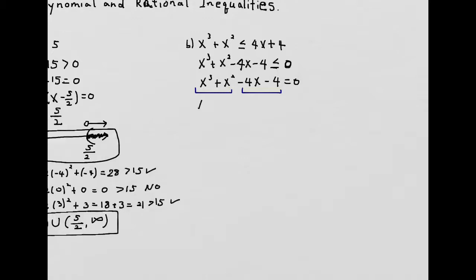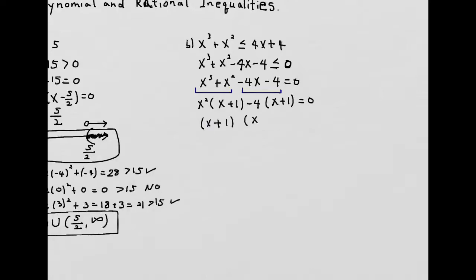So the common factor of the first 2 terms is x squared. Then you have x plus 1 remaining. And for the last 2 terms, you want to factor -4 out because you want to make x plus 1. And from these 2 terms, the common factor is x plus 1.